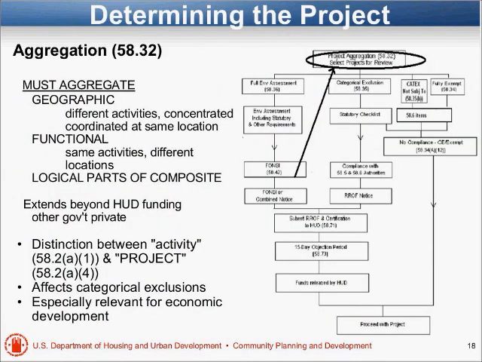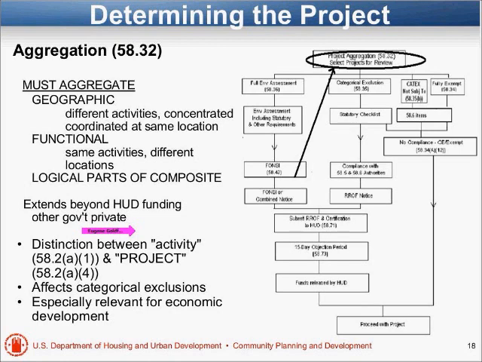Okay, now let's get back to that flow chart. We said we're going to do an assessment, we're going to publish notices, and we're going to make sure we incorporate environmental planning into our project. But what I want to get across now is there's a difference between an activity and a project.